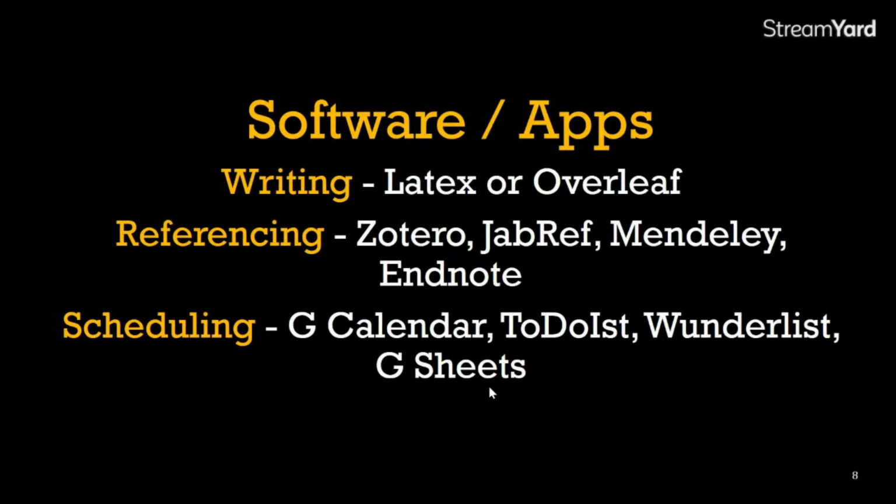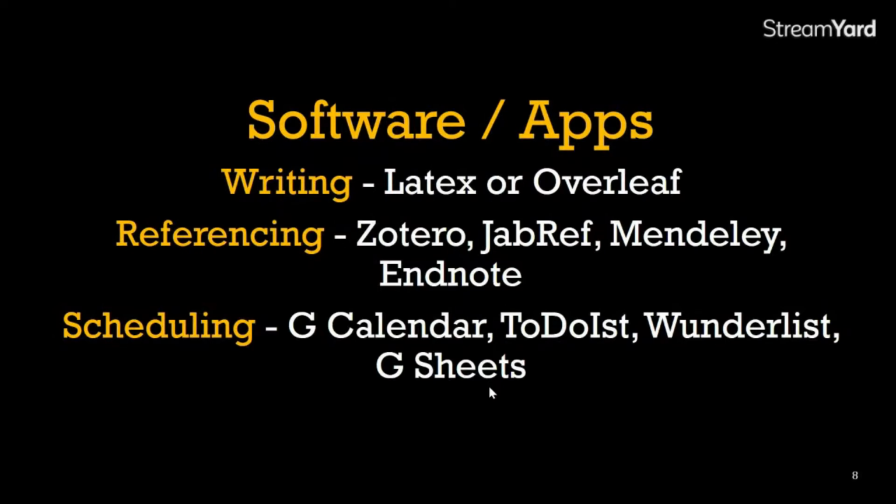Some examples you can see here: Zotero, JabRef, Mendeley, EndNote, and there are many others. Some of them are free, some are paid, or some you may have a subscription to through your institution, through your university.